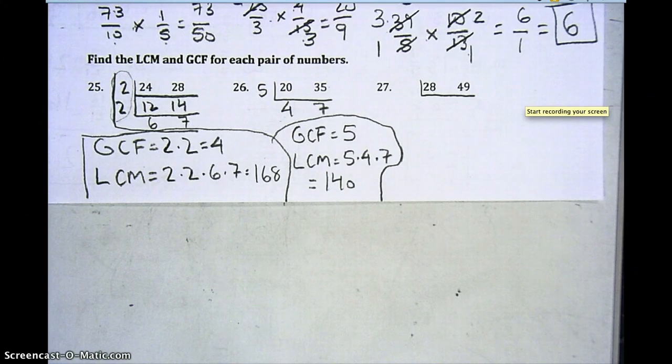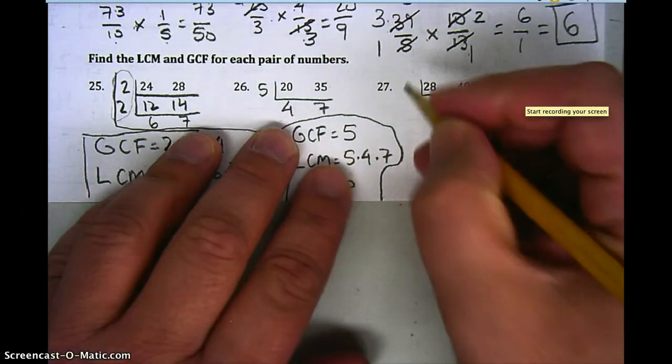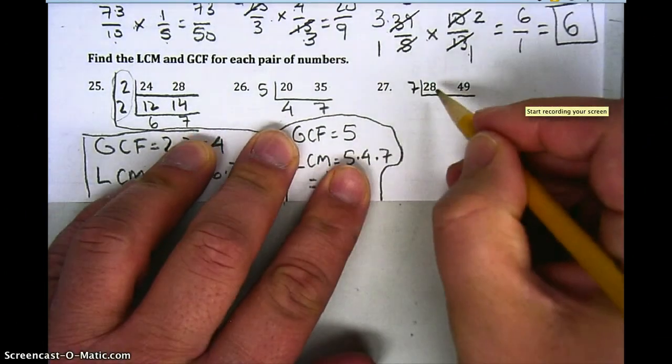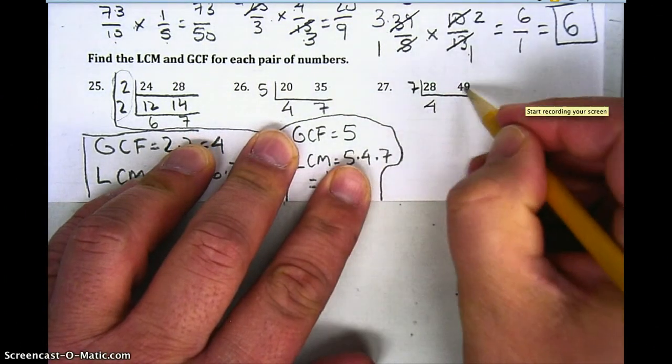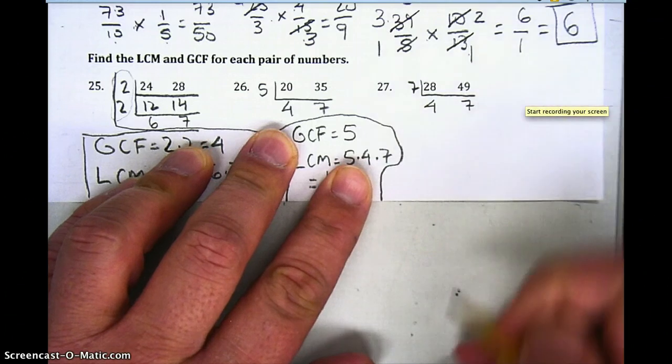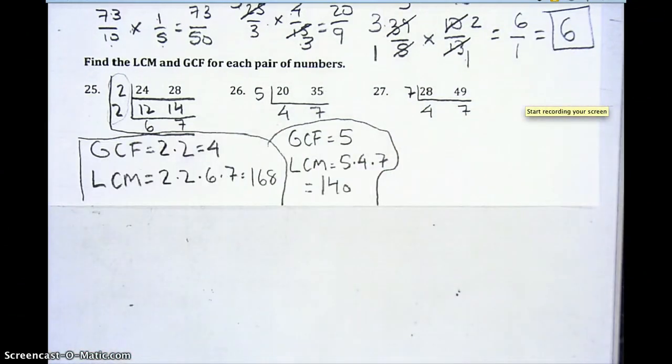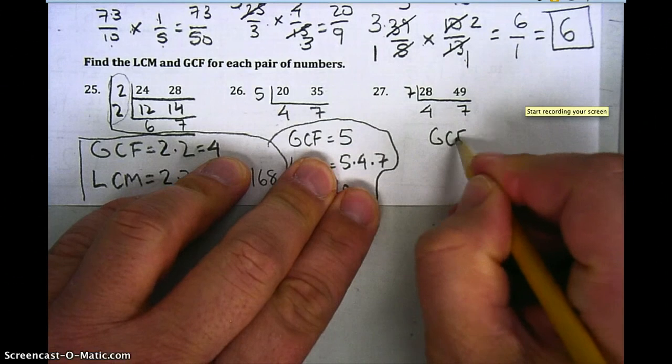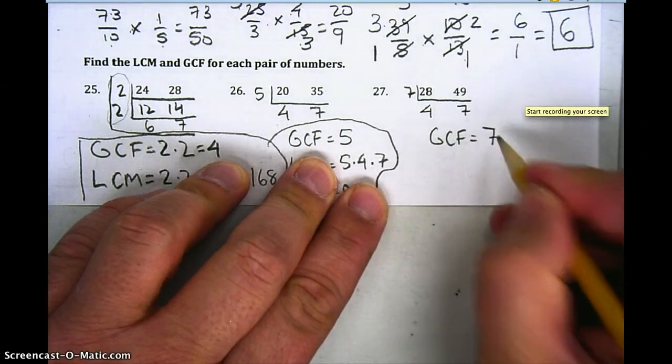And I can count out all those even ones because there's no way an even number can go into 49. But I know 49 is 7 times 7, and I know 7 goes into both of those numbers then. 28 divided by 7 is 4, 49 divided by 7 is 7. And the only number that goes into 4 and 7 is 1. So I know my greatest common factor of those two is 7.